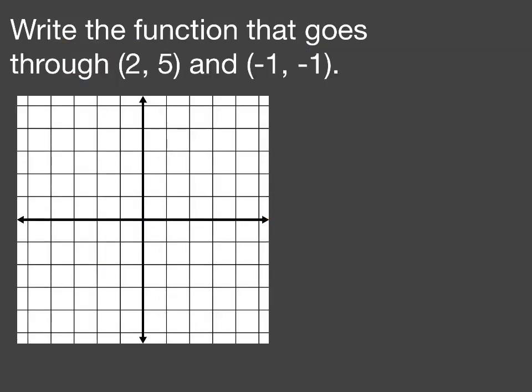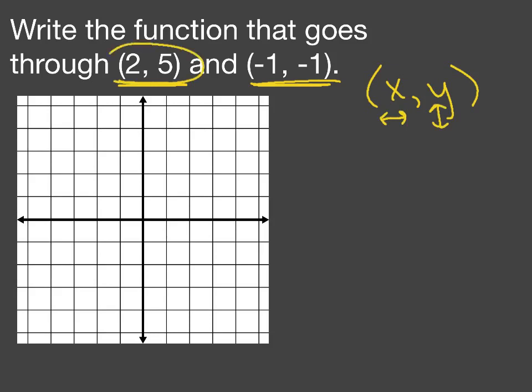For our second example, it says write the function that goes through (2, 5) and (-1, -1). So we're being told that the line goes through this point and through this point. Whenever we graph points, it's always x comma y, which means that my first number tells me how far sideways, and my second number tells me how far up and down to count from the origin.